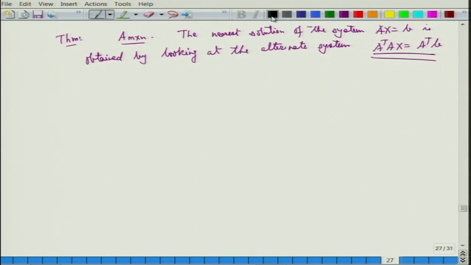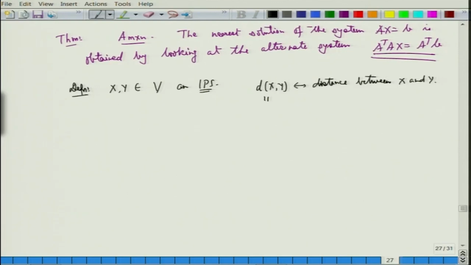To do that, I will start with the following definition. Given two vectors x and y belonging to any vector space V that is an inner product space, I can talk of the distance between x and y, defined to be equal to the length of x minus y. So this is what we have been doing: if I am taking Rn or say R3, I have vector (1, 2, 3) and vector say (1, 5, 4), P and Q here.